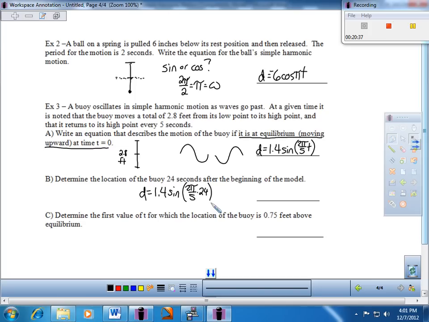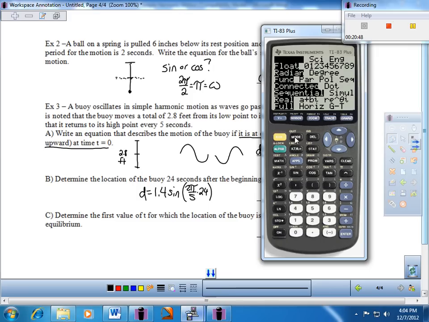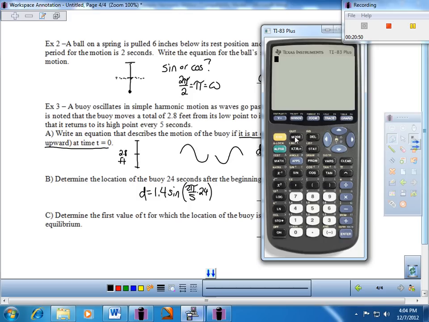Again, no phase shift, or really the phase shift is 0, midline is 0, and the only thing we have to be careful of here is to make sure you're in the right mode, which would be radian mode, of course. So, again, this is that branch of trigonometry called the trigonometry of real numbers, where we're just going to go ahead and take the sine of whatever this is, not as an angle measure in degrees. Okay, so let's see, 1.4 sine of 2 pi divided by 5, and then times 24.